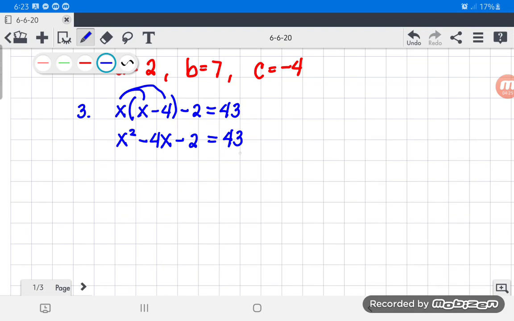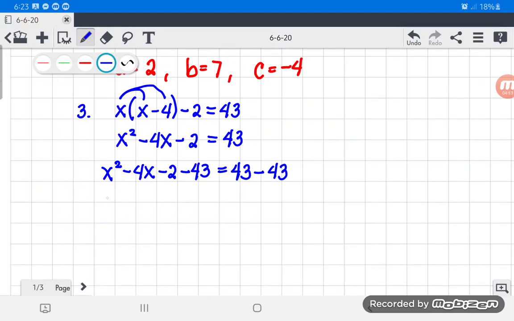Now, using the subtraction property, we have x squared minus 4x minus 2 minus 43 equals 43 minus 43. Notice that I subtracted 43 from both sides of the equation. Why? To make the right side of this equation 0.